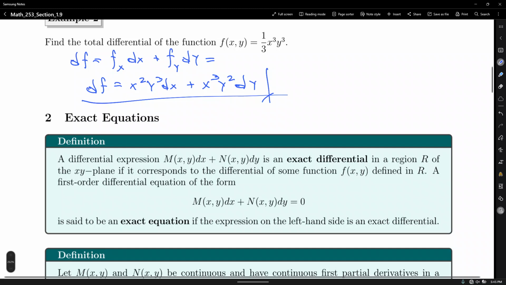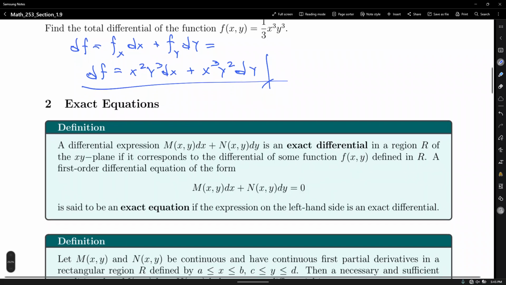Actually, a first-order differential equation of the form M dx plus N dy equals 0 is said to be an exact equation if the expression on the left-hand side of this equation corresponds to an exact differential.